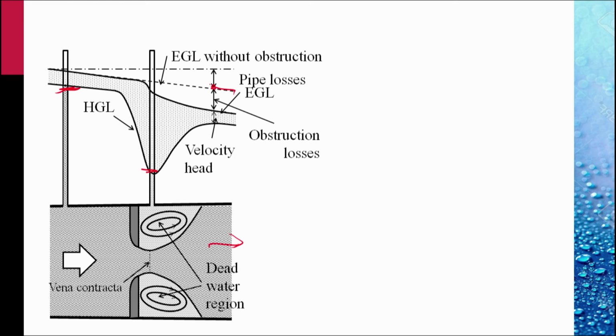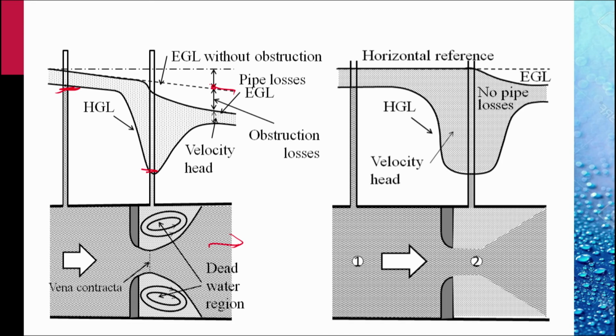This flow is very difficult to analyze, so we make a simplified model, and we assume there is no vena contracta. The fluid comes out as a jet of constant diameter. There are no losses.